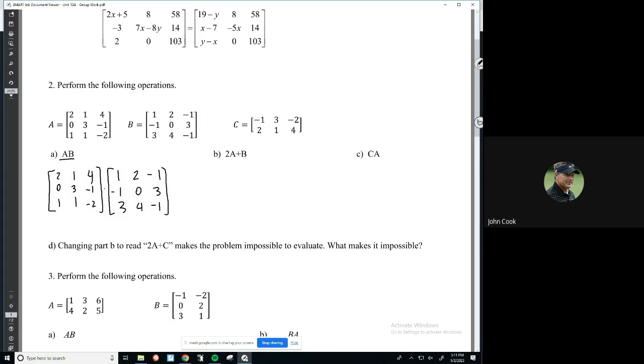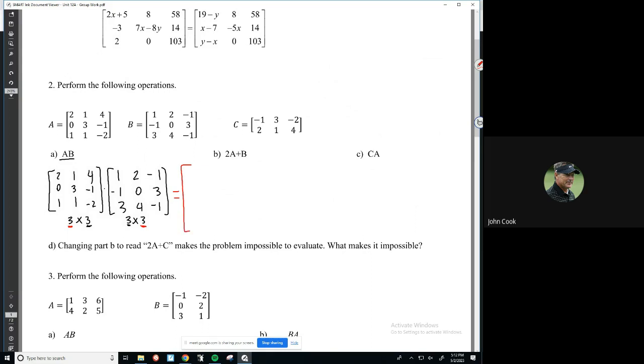Matrix A is a 3-row by 3-column matrix, and matrix B is also 3 rows by 3 columns. As long as these numbers are the same, they will be able to multiply together. Another cool thing is that the outside dimensions give you the dimensions of the product. So I'm going to end up with a 3 by 3 matrix, 3 rows and 3 columns.